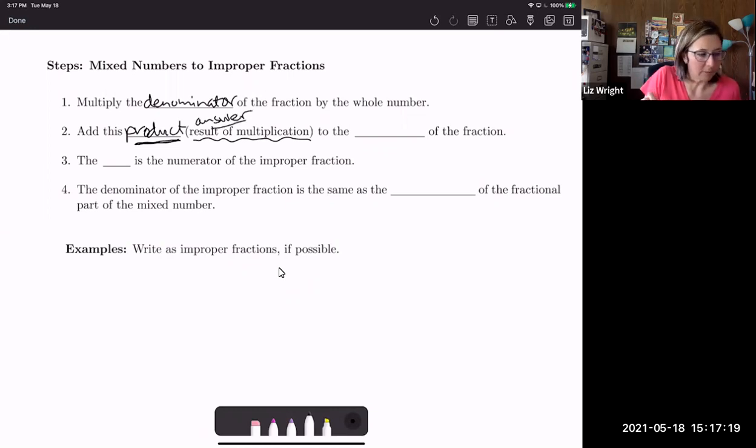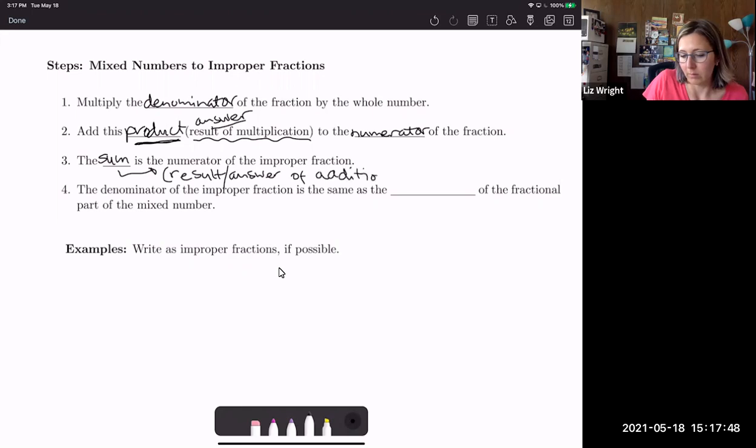So add this product to the numerator of the fraction, and the sum, here's another definition for you, result of addition, or answer of an addition problem, is the numerator of the improper fraction.